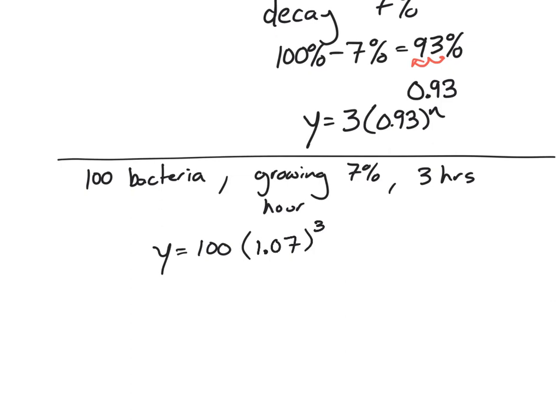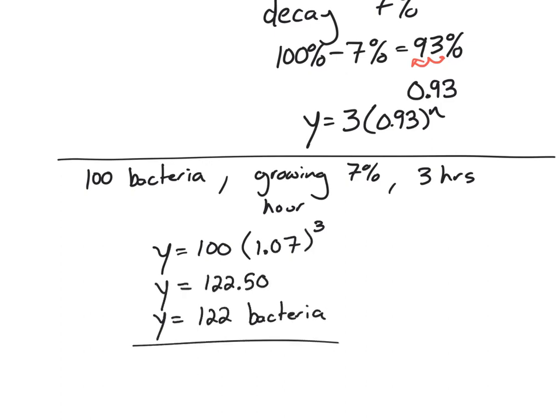If I calculate 100 times 1.07 to the third, I end up with y equal to 122.50. Now we have to look at our answers there. We can't have half a bacteria, so I end up with y equals 122 bacteria, if it's growing at a rate of 7%.